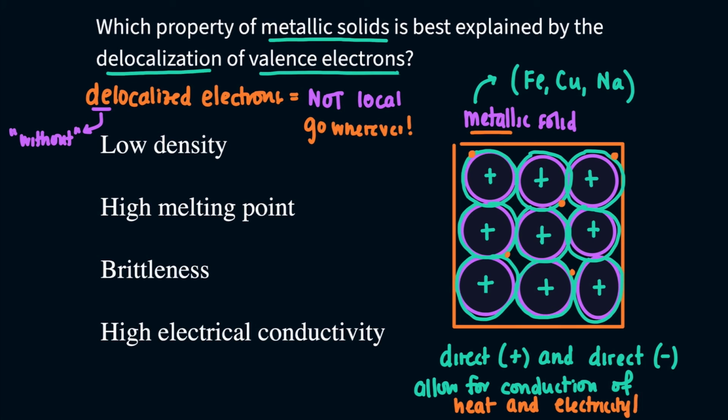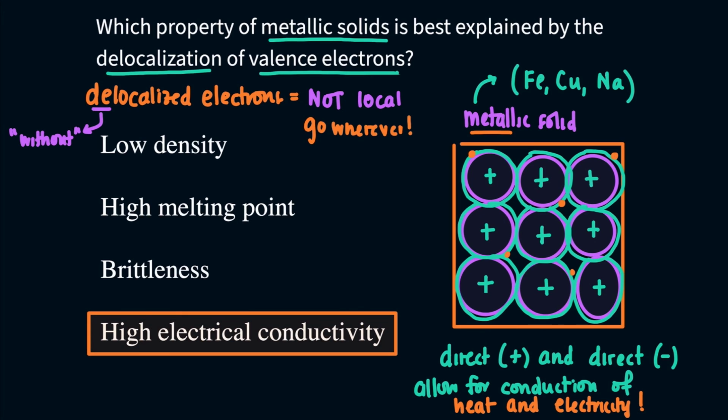That's why when you place a metal spoon in the pot when you're boiling water for pasta, and you leave it in for a little bit and then touch it, it's going to get really, really hot, because of that sea of electrons swarming around the whole solid, giving positive and negative charges. So it's because of the delocalization that we have such high electrical conductivity.